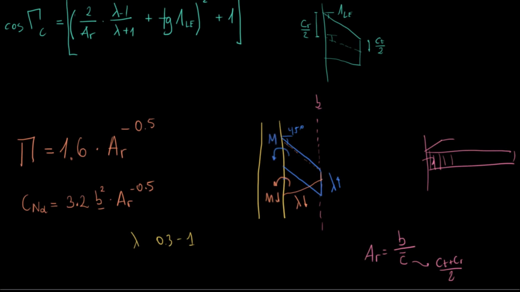The moment is higher in the other. But still, there are a lot of trade-offs. Here you need a longer root to put your fin. So it's not so easy. It's just an idea.